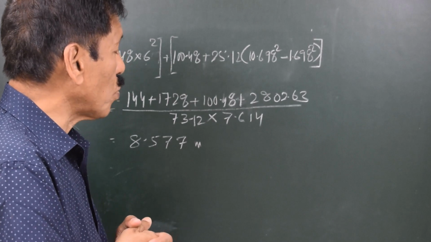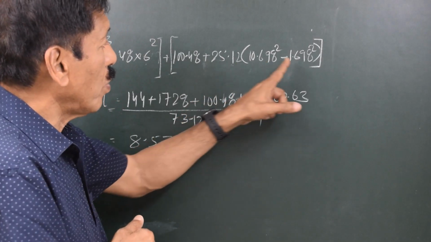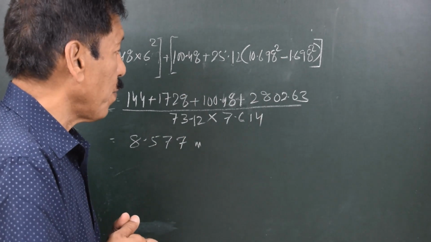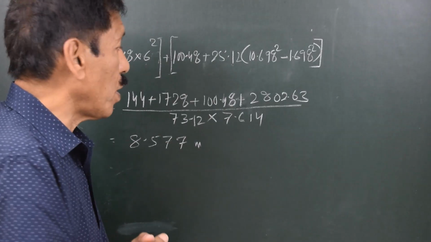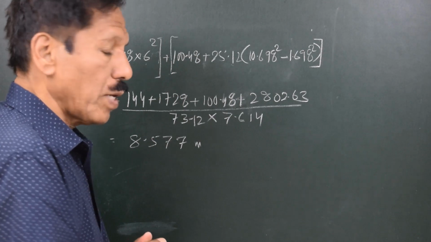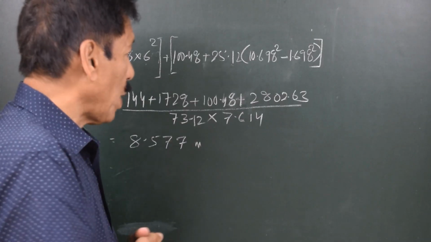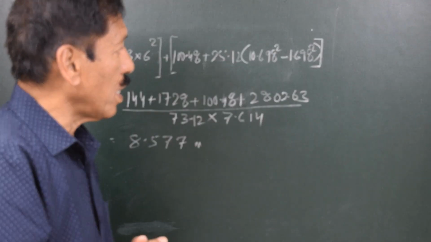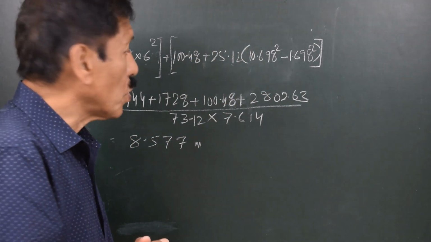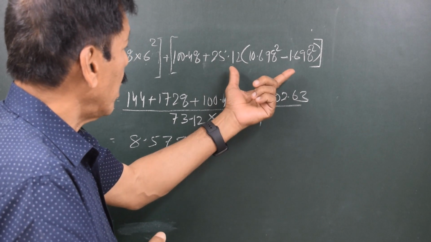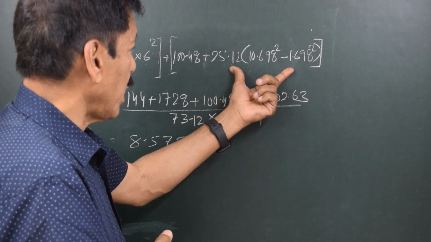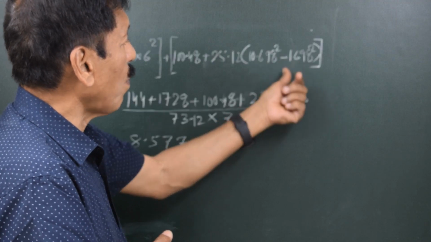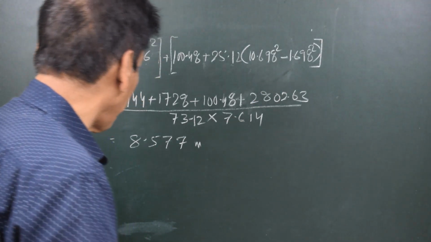Minus AD square means 25.12 into 1.698 square. And from the centroid I jump to the water level by doing plus AD square. Plus AD square means 25.12 into 10.698 square, right? So in simplified form I can write it like this: 25.12 in the bracket 10.698 square minus 1.698 square.